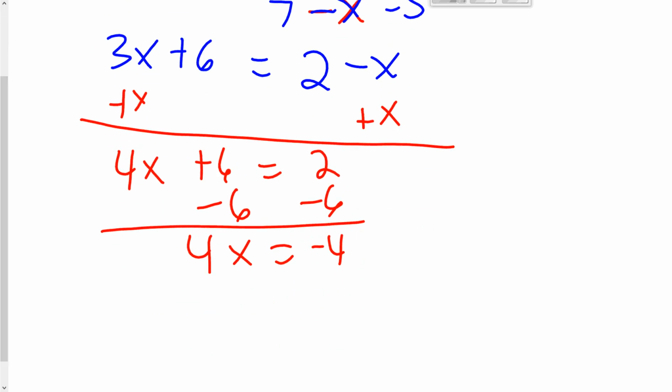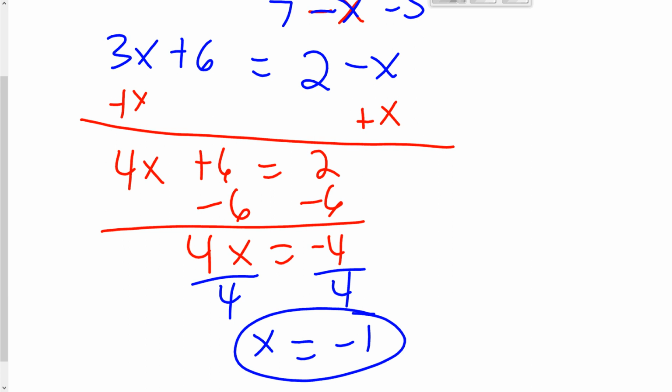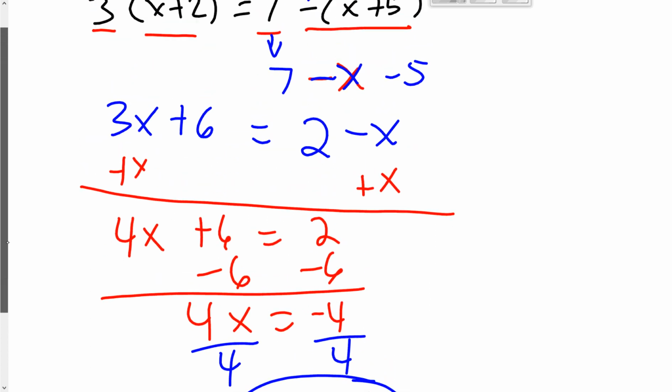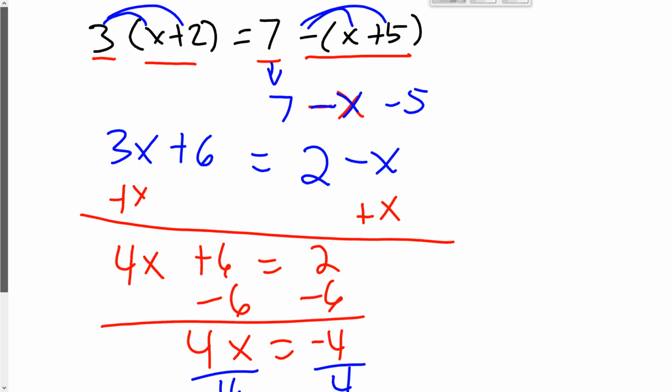Now we can go ahead and do the opposite. Instead of 4 times x, we're going to divide by 4. We're doing the opposite or inverse or reciprocal, however you want to say it. It's basically the inverse. And we get -1. And then we can always check. Whenever you're solving, you can always go back to the beginning and check. So we have x equals -1.